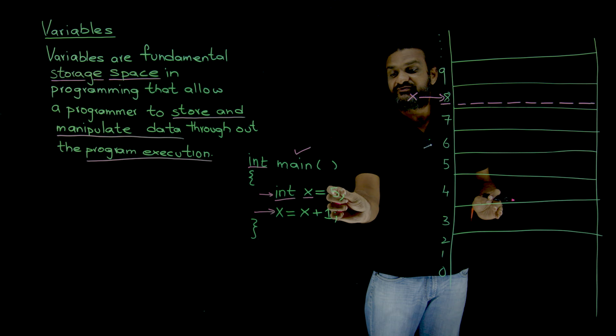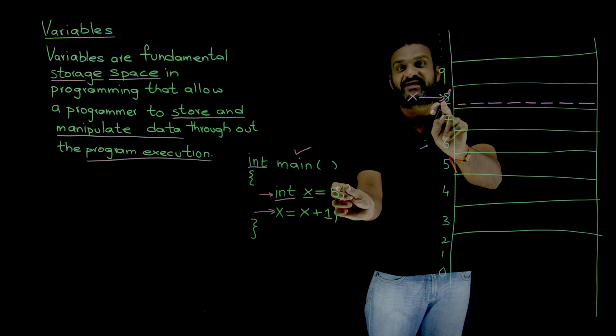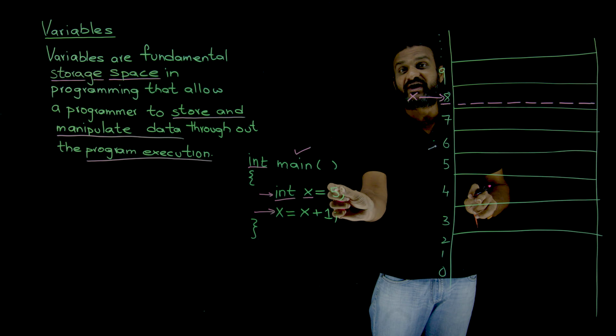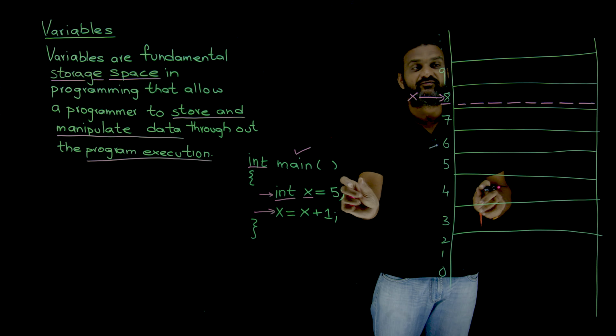Now, what is getting stored in this location 8? It is the binary value of 5. What is the binary value of 5? It is 101, and the leading empty spaces will be occupied by zeros. So the value of X is getting stored, and that's what the definition of a variable states.